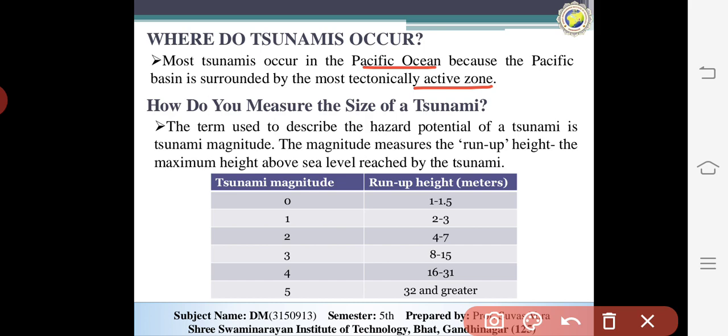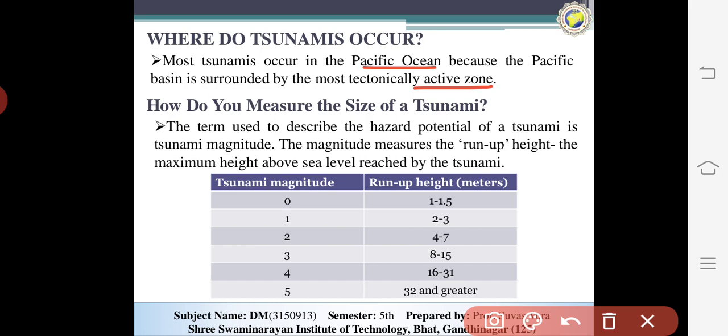Generally a tsunami is one type of hazard or disaster, and the tsunami magnitude is measured by the wavelength and the height from the surface to the high peak.